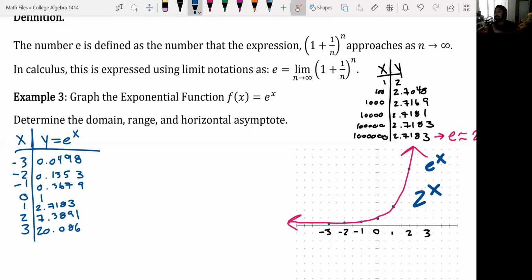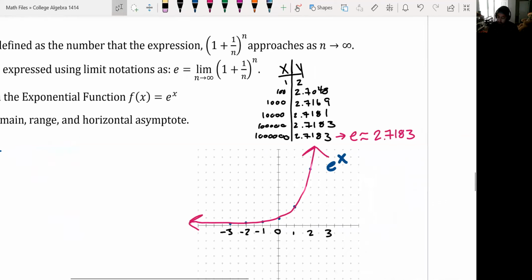It shares the exact same properties because e is a base bigger than 1. Remember that e's base is basically 2.7183. Right? So it's a base bigger than 1, so it's going to represent an increasing exponential function.